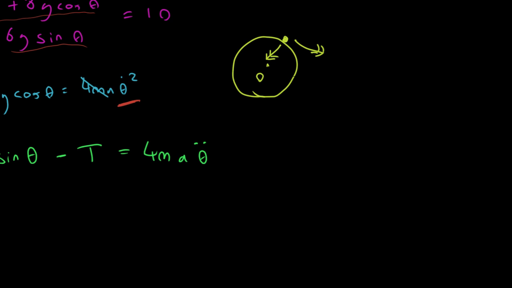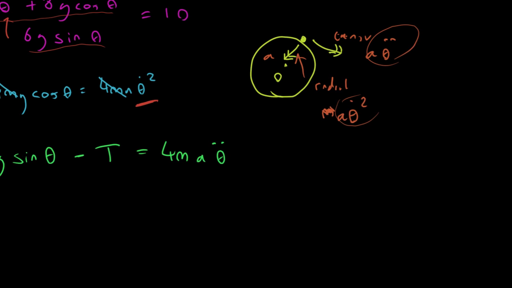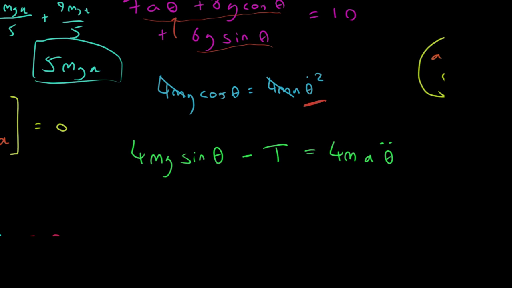I don't really know the name, but this one is called the radial acceleration, and this is the transverse. The radial is just a theta dot squared, and the transverse is a theta double dot, where a is the radius. Those are important to remember when doing these questions. And we want an expression for the tension.